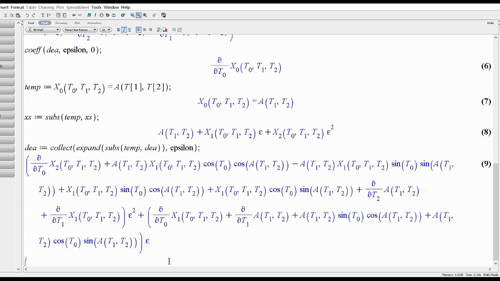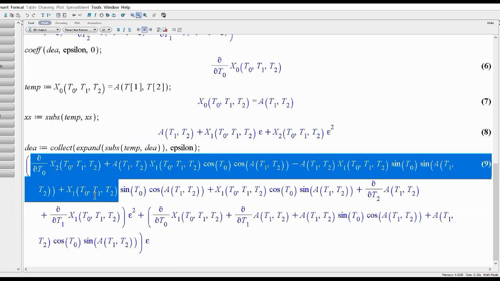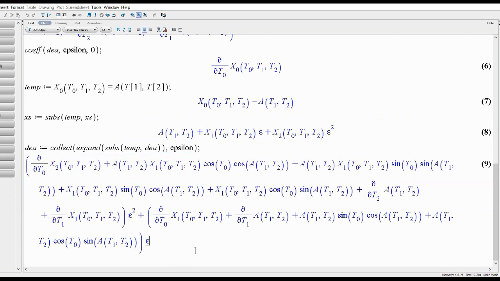Alright, so now we have an order epsilon and an order epsilon square. Okay, very good. Then I say temp is equal to the coefficient in dEA of epsilon to the power 1.